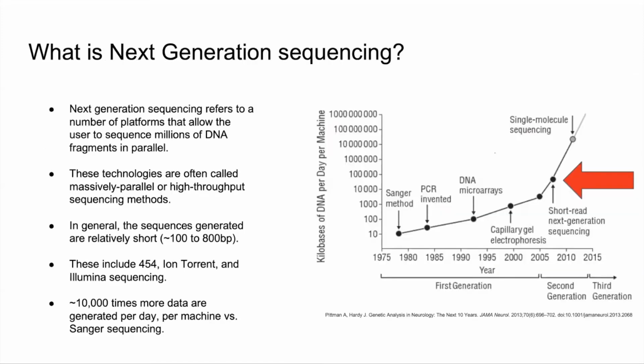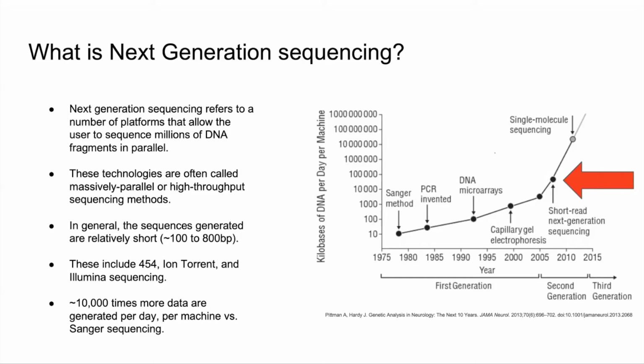So next generation sequencing is likely something that you've already heard of, and that's as opposed to Sanger sequencing. So this refers to a number of platforms and companies that allow the sequencing of millions of DNA fragments in parallel. And in general, the sequences that are generated from these methods are relatively short, so between 100 and 800 base pairs.